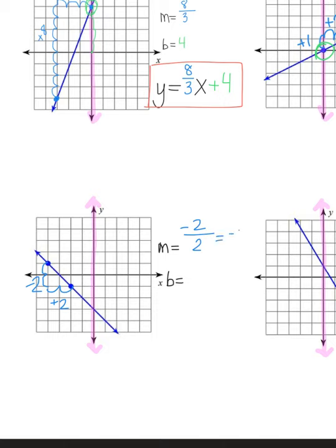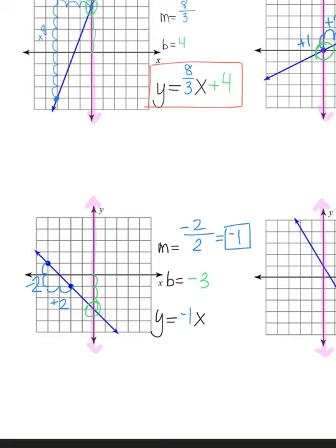Simplify that, and that gives me negative 1 for my slope. And my y-intercept, the pink and the blue lines cross right there on the y-axis, here's 0, that's 1, 2, 3, at the negative 3.